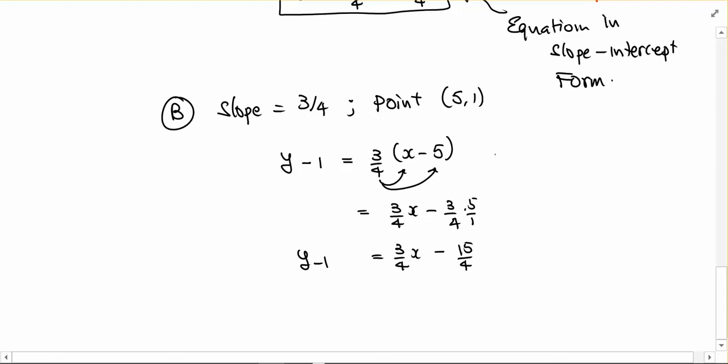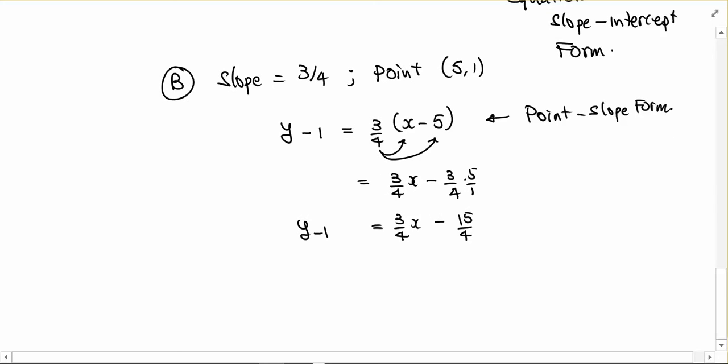So remember, this is the point slope form. And now let's add 1. And so we get y equals 3/4 x. Let's take this off to the side, do the math, bring it back.